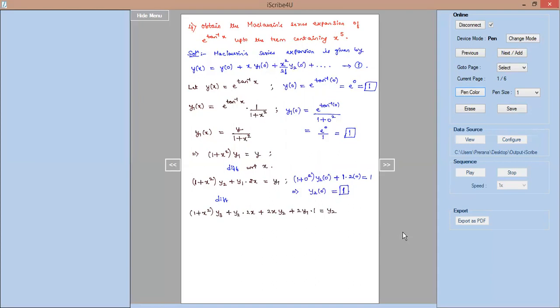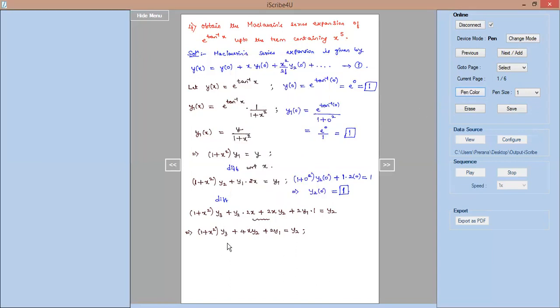If there are any like terms, we can add them. The middle two terms are like terms. So this is 1 plus x square into y3 plus 4xy2 plus 2y1 is equal to y2. This is the simplified form after combining these two like terms: 2xy2 and 2xy2 give us 4xy2.